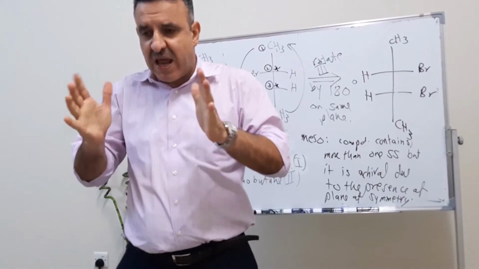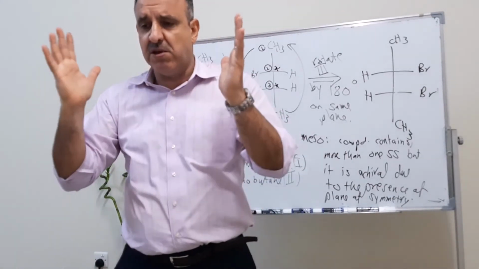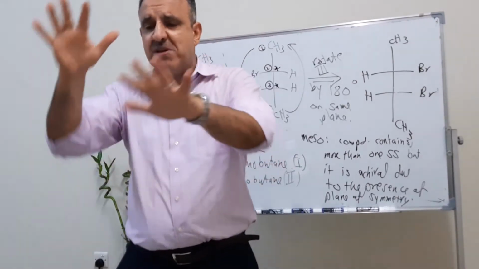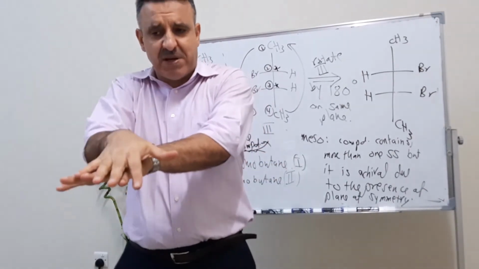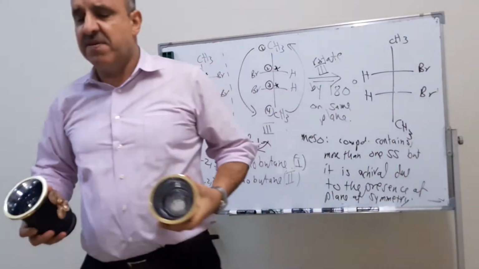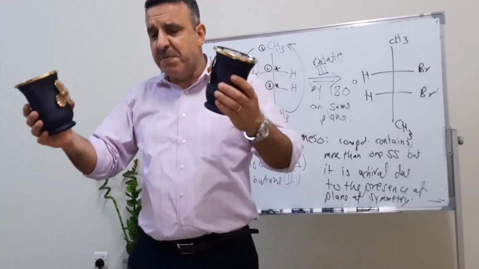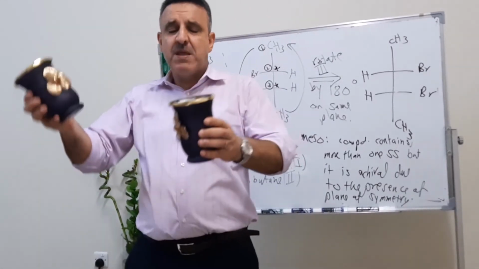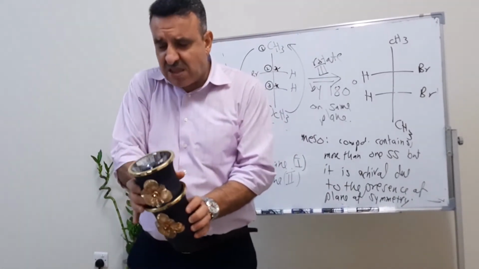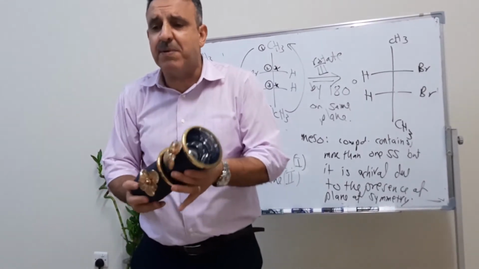Do you follow me? Like my right hand and my left hand. So they are chiral because the object and its mirror image are not superimposable. While we still have plenty of objects where the object and its mirror image are superimposable, therefore we call them the same, because simply there is a plane of symmetry.